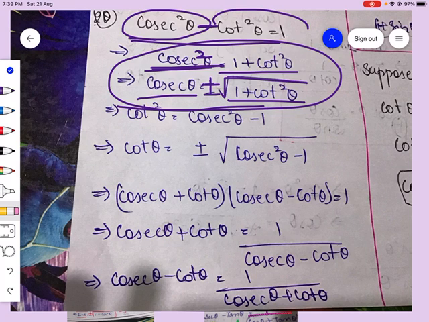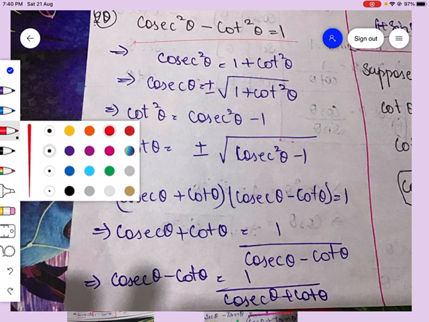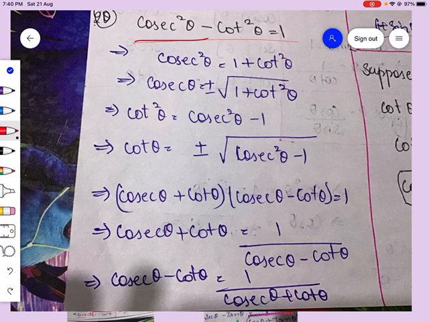Next formula, by using this identity, what do you get? We send the minus cot square theta to that side, and it becomes plus cot square theta. We can write it as cosecant square theta equals cot square theta plus 1.